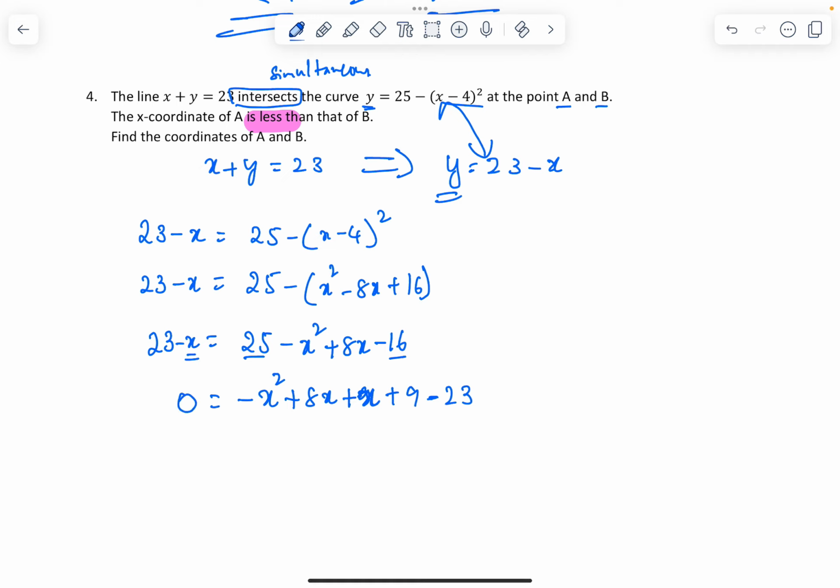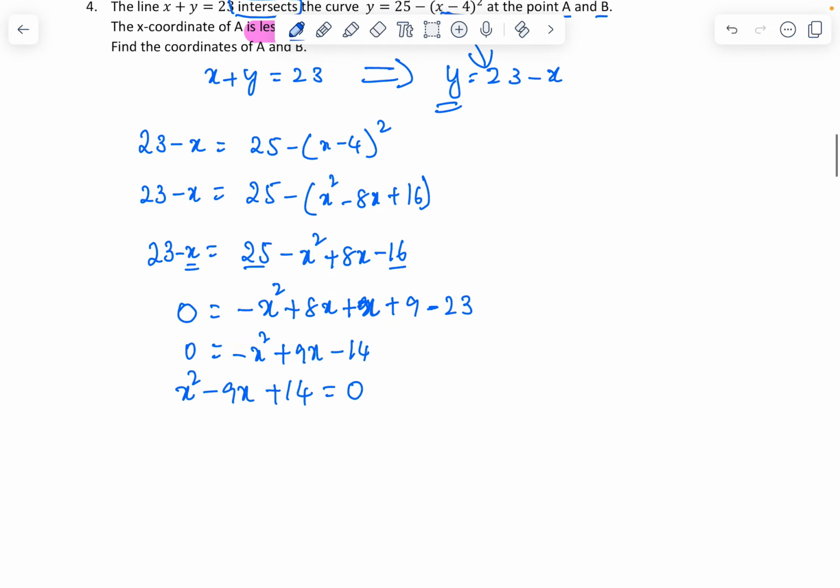So now this becomes negative x squared plus 9x, 9 minus 23 is negative 14, equal to 0. I change this one to positive, because when there is a 0 we can do whatever, we can multiply by negative 1.